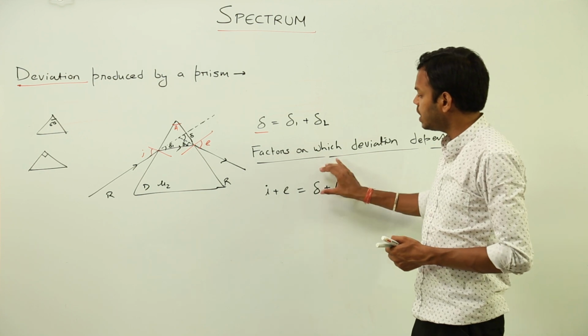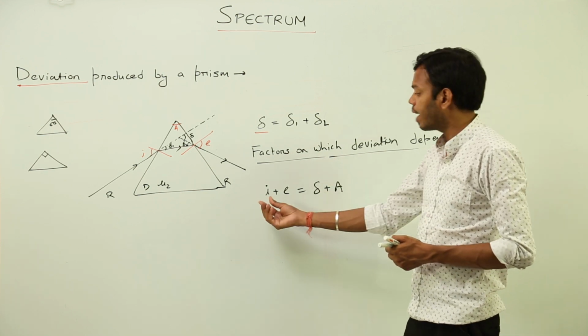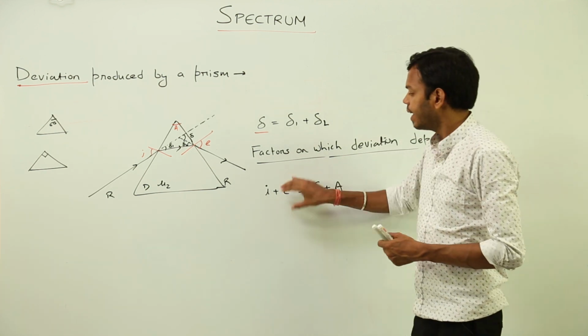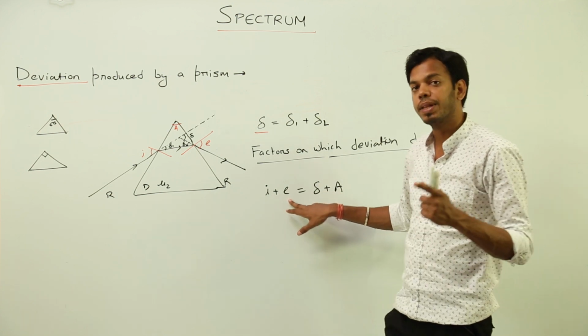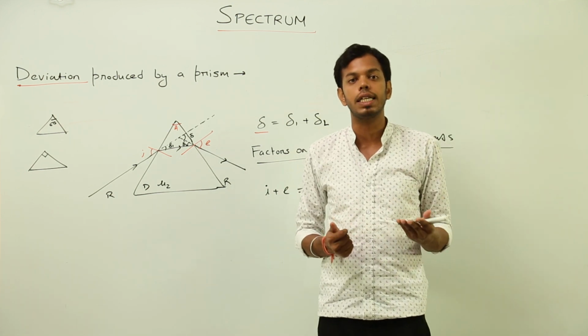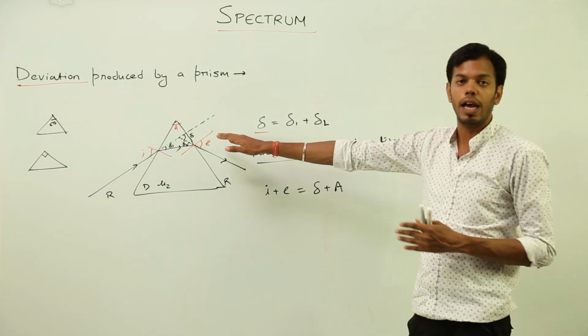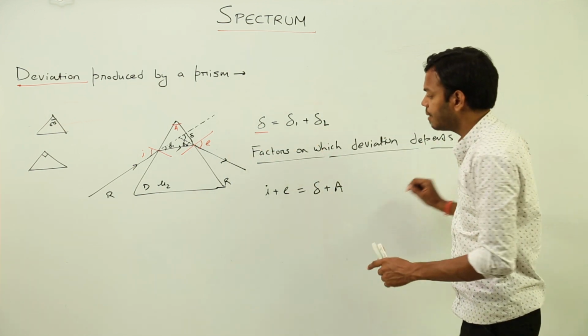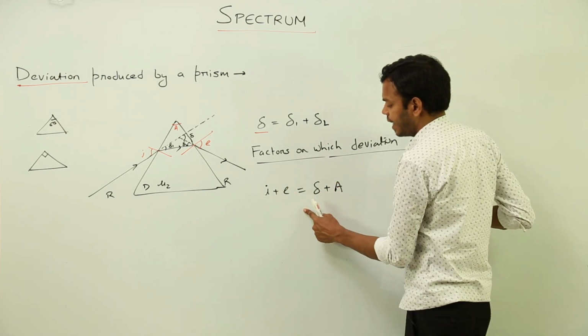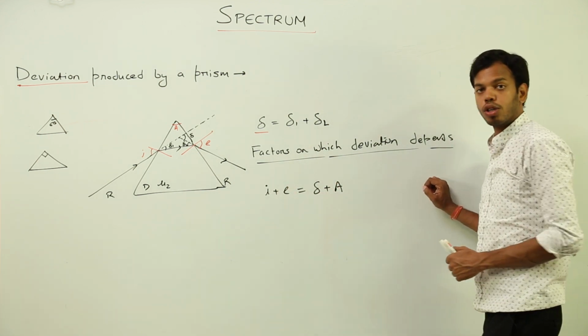So that also means delta depends on the angle of incidence. Angle of emergence depends on the angle of incidence too. A lesser or greater angle of incidence will change the value of the angle of emergence, but I is the key factor here, and the angle of prism is also a key factor.